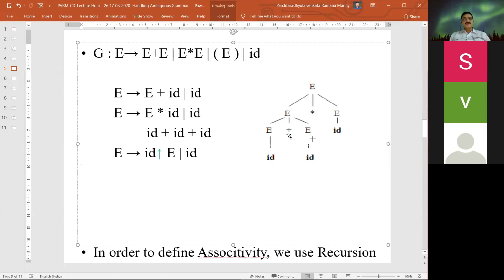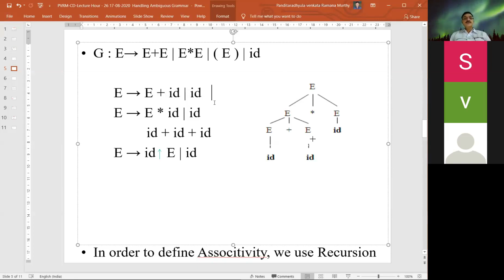For example, if you are rewriting E plus E or E into E, with a non-terminal first and then terminal symbols, this type of production we call left associativity productions.